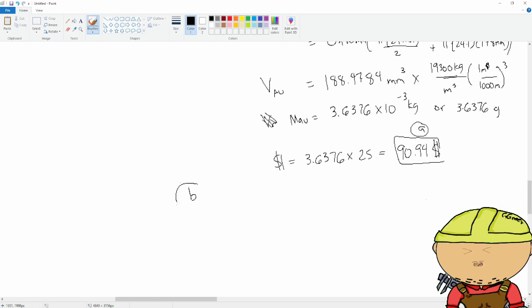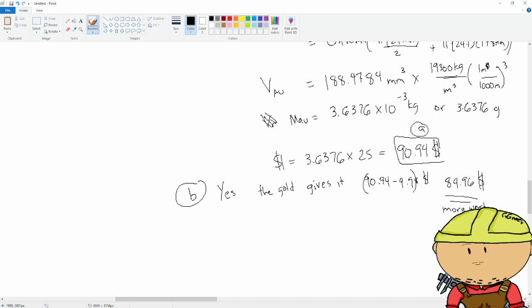For letter B, yes. The gold gives it the 90.94 minus $4.98, so that's $84.96 more worth.